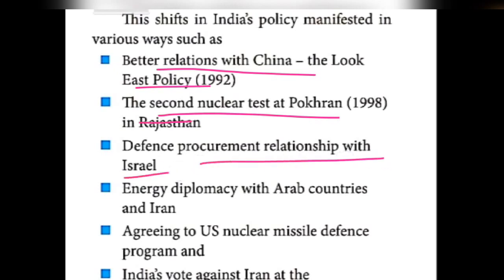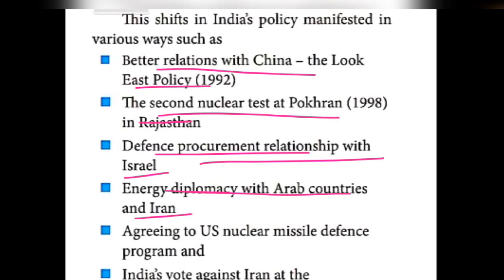Defense procurement means buying military equipment. Defense procurement relationship with Israel. Then energy diplomacy with Arab countries and Iran. Energy means from the Arab countries we are getting oil. Is it crude oil, everything we are getting from them?